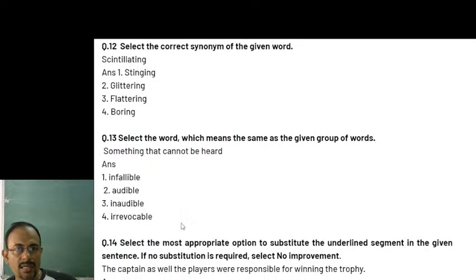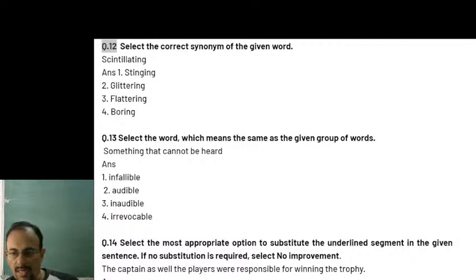Which one do you think is the correct synonym for question number 12? Tell me. Mrudula says question number 12, 2 will be the correct answer.